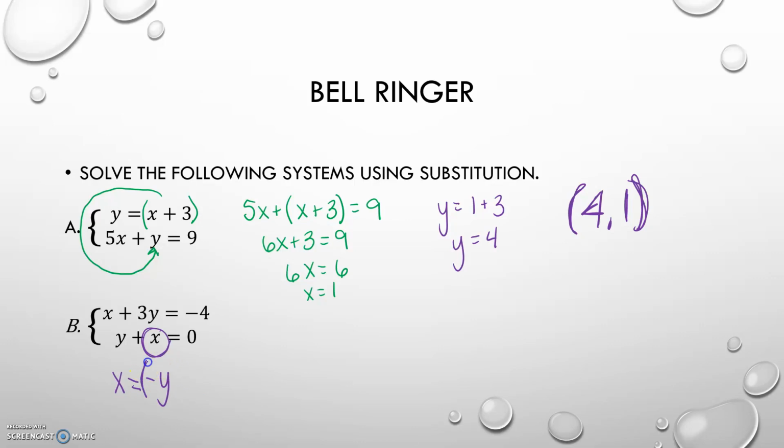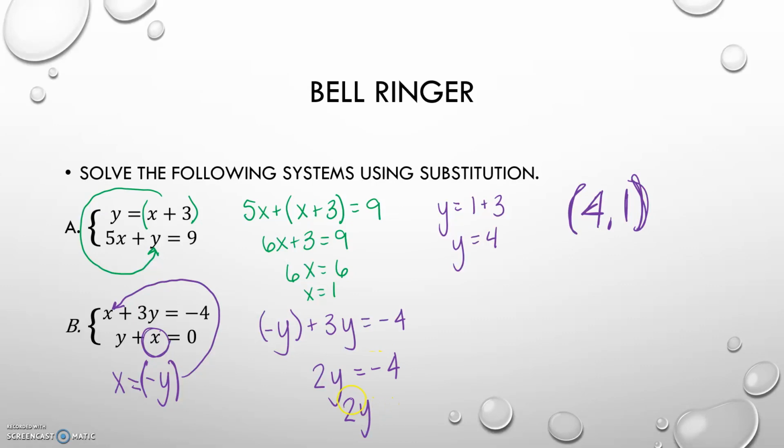So I'm going to take this and plug it in up here. I'm going to get negative y plus 3y equals negative 4. When I combine those, I get 2y equals negative 4.